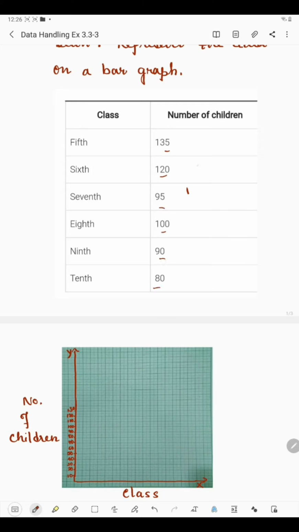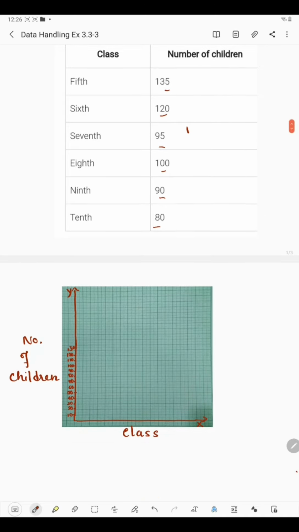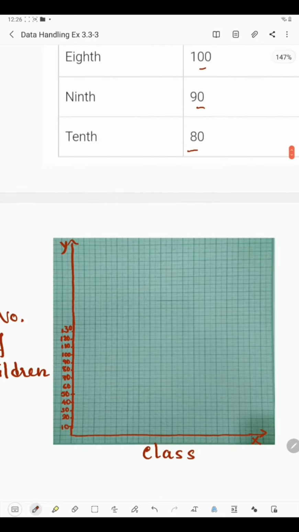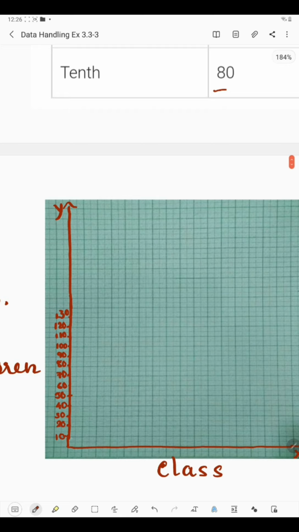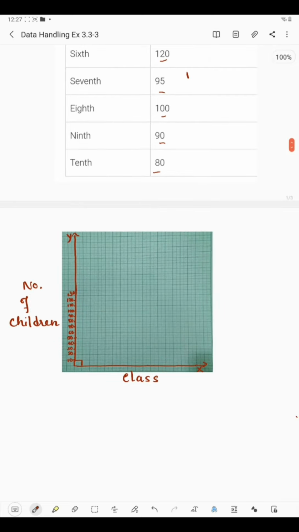Since we have bigger values, we have taken the scale as 10. 1 box means 1 unit is equal to 10 children. Now we will write down the scale: 1 box is equal to 10 children.